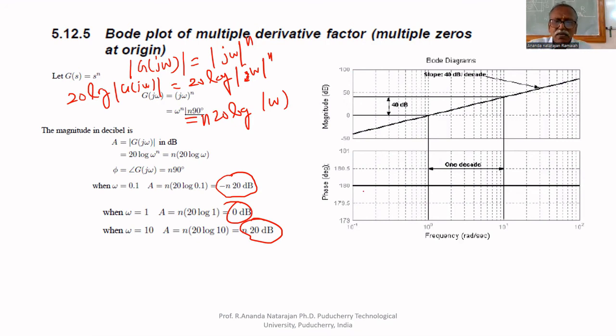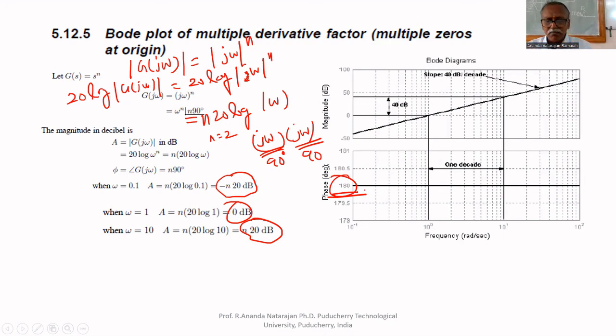But what is the phase plot? Phase plot is from j omega. Suppose n equal to 2, that means j omega multiplied by j omega. For this 90 degrees, for this another 90 degrees, therefore 180 degrees. For n equal to 2, you get 180 degrees. N equal to 3, 270 degrees, like that.